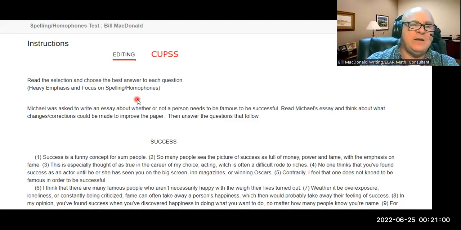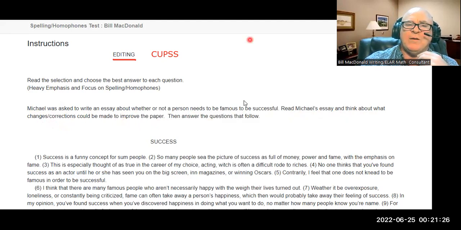So let's read with our little glow stick here something that's going to help us. Most editing directions are going to look something like this. Michael was asked to write an essay about whether or not a person needs to be famous to be successful. Read Michael's essay and think about what changes, corrections could be made to improve the paper, then answer the questions that follow.